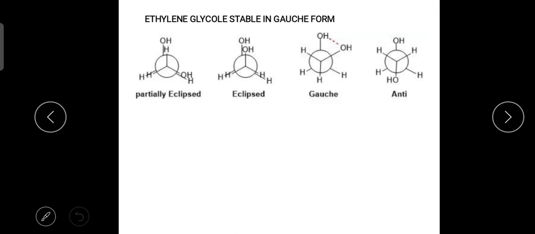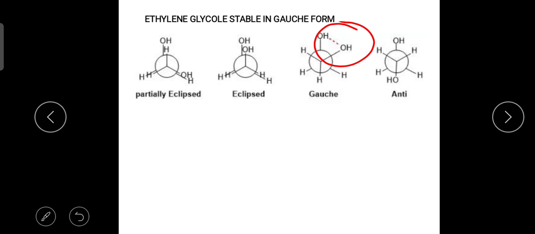the torsional angle between the two OH groups is about 60 degrees, and among these conformers, the gauche conformer is more stable. So we find that ethylene glycol exists almost exclusively in the gauche form, where there is a stable intramolecular hydrogen bond between these two OH groups.